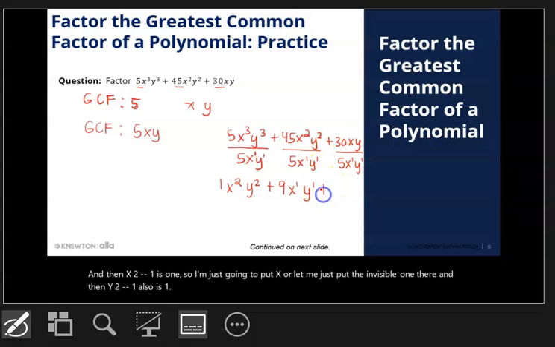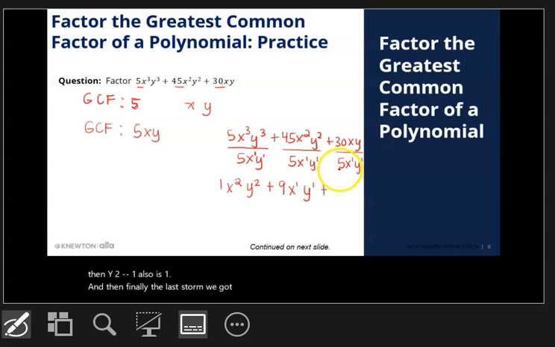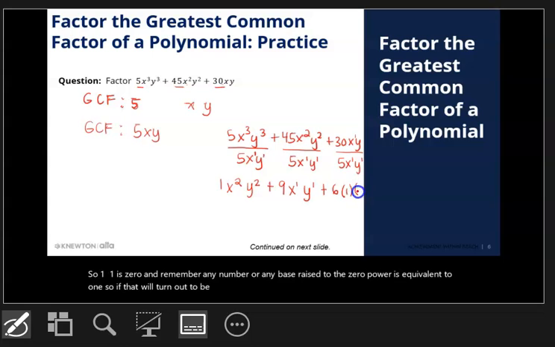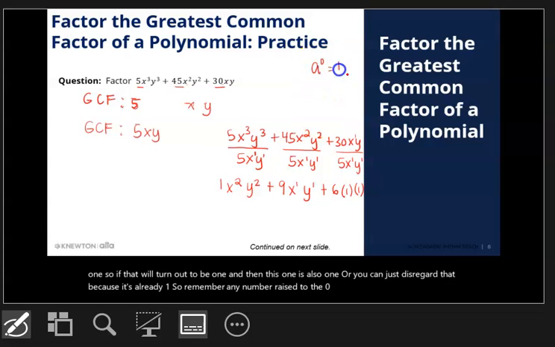And then finally, the last term, 30 divided by 5 is equal to 6. And then x, 1 minus 1 is 0. Remember, any base raised to the 0 power is equivalent to 1. So that would turn out to be 1, and this one is also 1. Or you can just disregard that because it's already 1. So remember, any number raised to the 0 is equal to 1. Don't be confused on that.